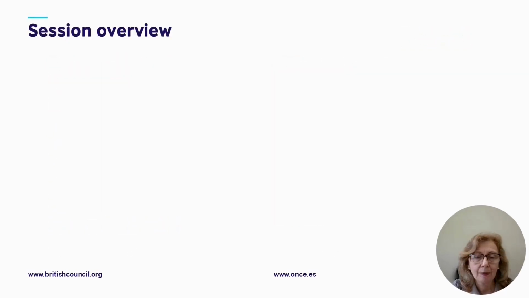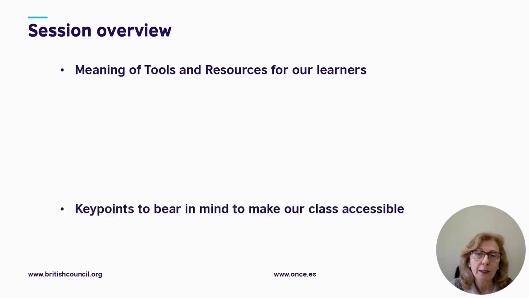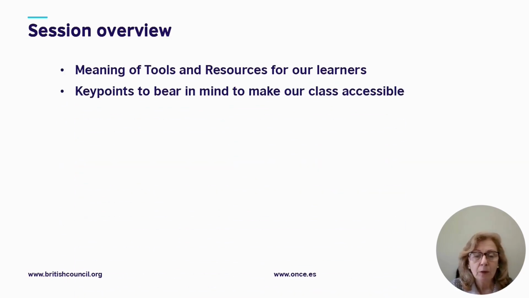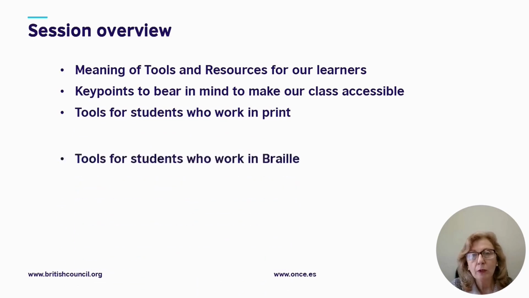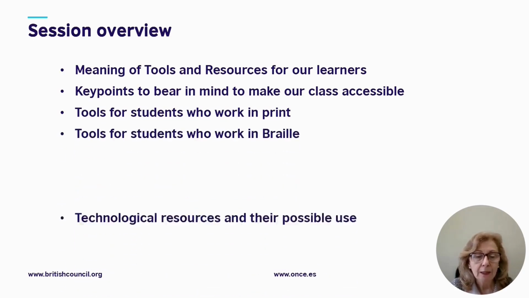Session overview. Before starting, let's make a short overview of what we are going to see in this session. First, we're going to talk about the meaning of tools and resources for our learners. Secondly, key points to bear in mind to make our class accessible. Then, tools for students who work in print and also for those who work in Braille.